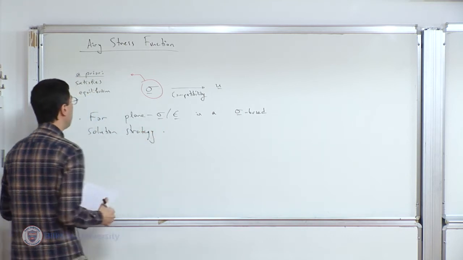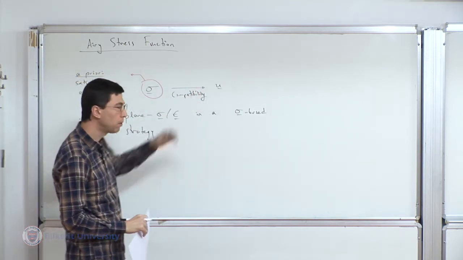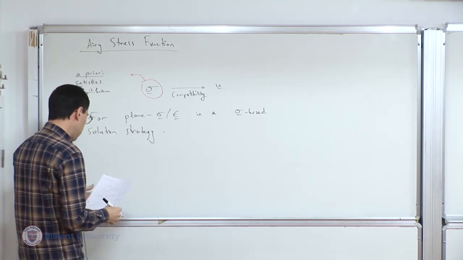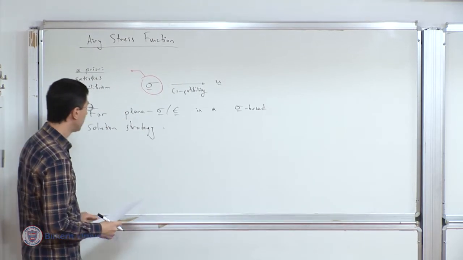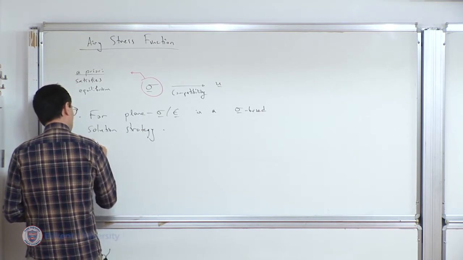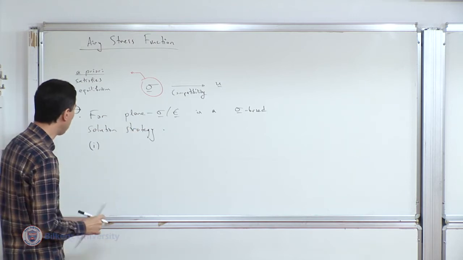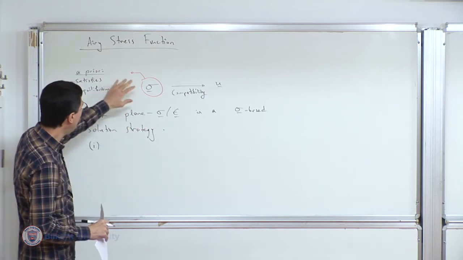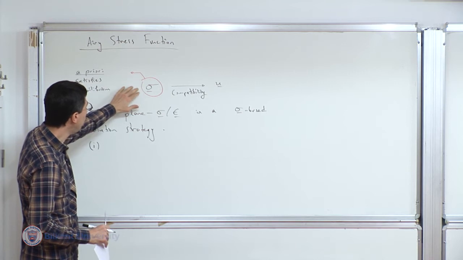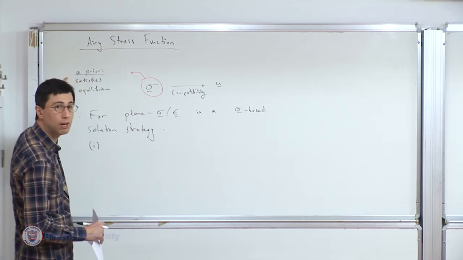And that is our solution diagram. Quite simple. Now, that's the idea, but let me enumerate the major steps, and then we will work on them step by step in this lecture. Step number one: I have to propose a form of the stress that a priori satisfies equilibrium.